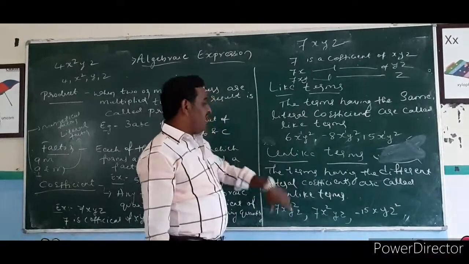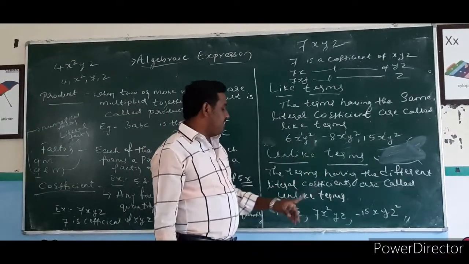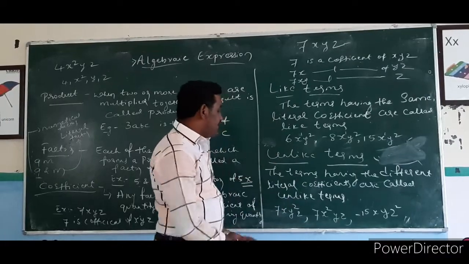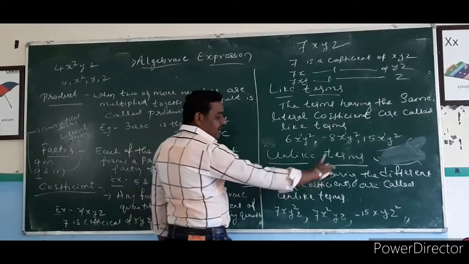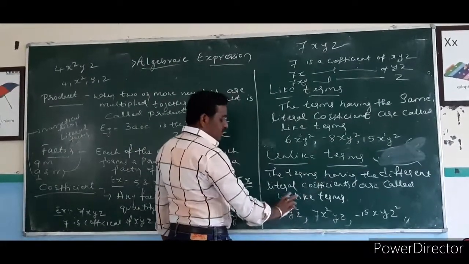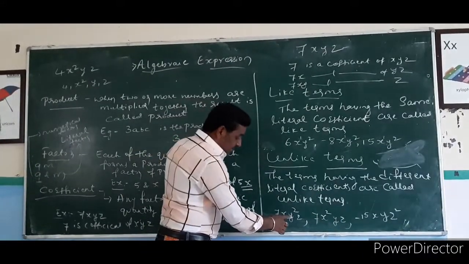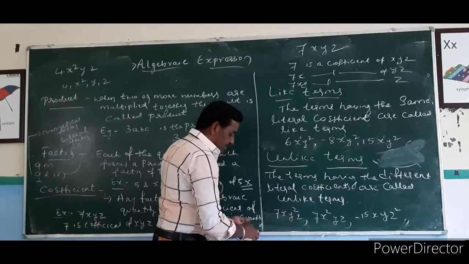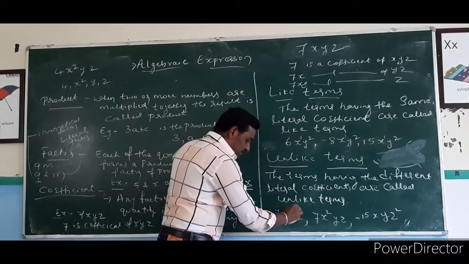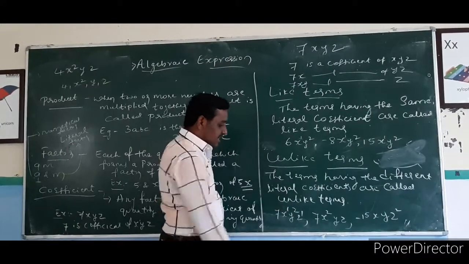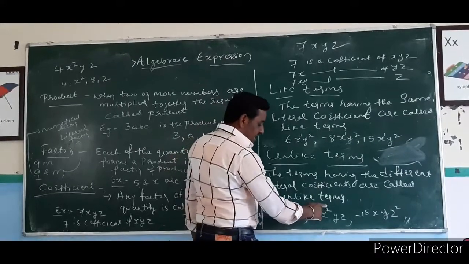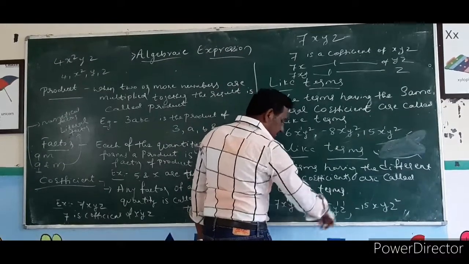Next is unlike terms. Terms having different literal coefficients are called unlike terms. Suppose, look here: xy square z. Here x to the power of 1, y to the power of 2, z to the power of 1. In this case, 7x square yz to the power of 1.